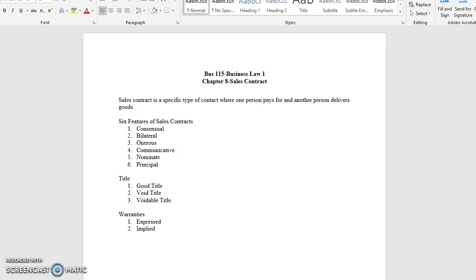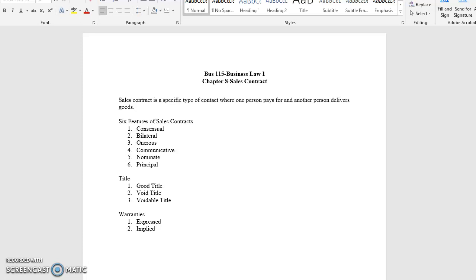You see this a lot when somebody has a stolen car, and they may not even know that it is stolen, but it doesn't matter how much you are giving for that car. If that car is stolen, you cannot buy that car. So that is a void title because it doesn't technically belong to the person that's trying to sell it.